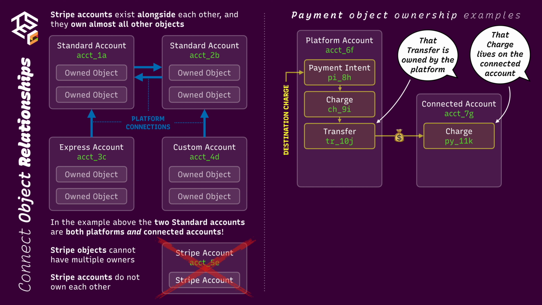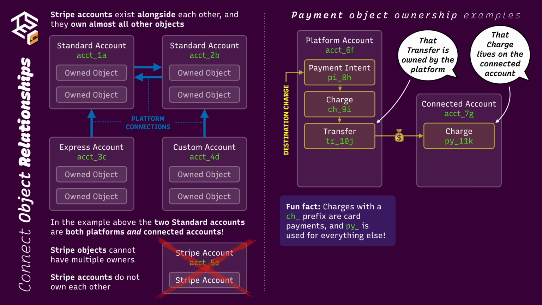Let's take a moment to talk about charges and why some of them have a CH prefix and others have a PY prefix. Despite the different object ID prefixes, these are both charge objects, but for historical reasons, charges with a CH prefix represent card payments, and charges with a PY prefix represent non-card payments.